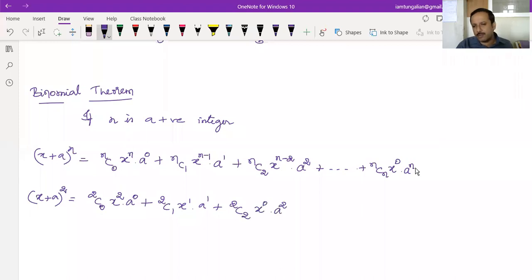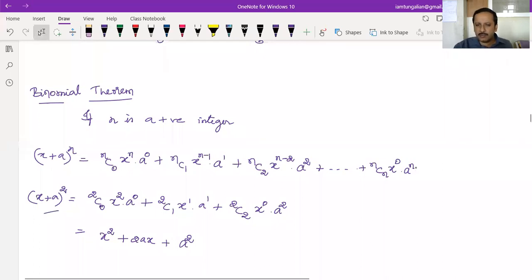You have to stop at nCn, so here we stop at 2C2. 2C0 is 1, a power 0 is also 1. So this will be x square plus 2C1 is 2, so 2ax, plus 2C2 is 1, x power 0 is 1, a square. X square plus 2ax plus a square, which is the expansion of (x plus a) whole square, right?